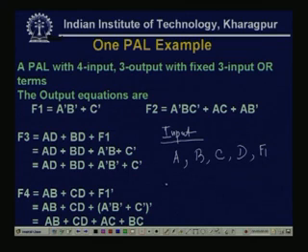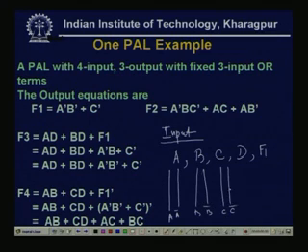So, for A bar, for B there are 2 lines, B bar, for C bar, for D bar, and for F1 complement, and they are coming from the output.